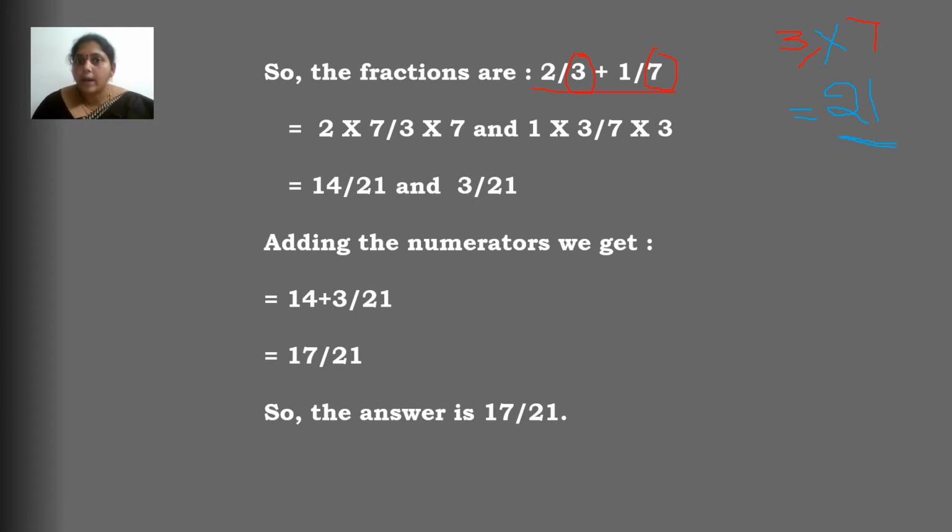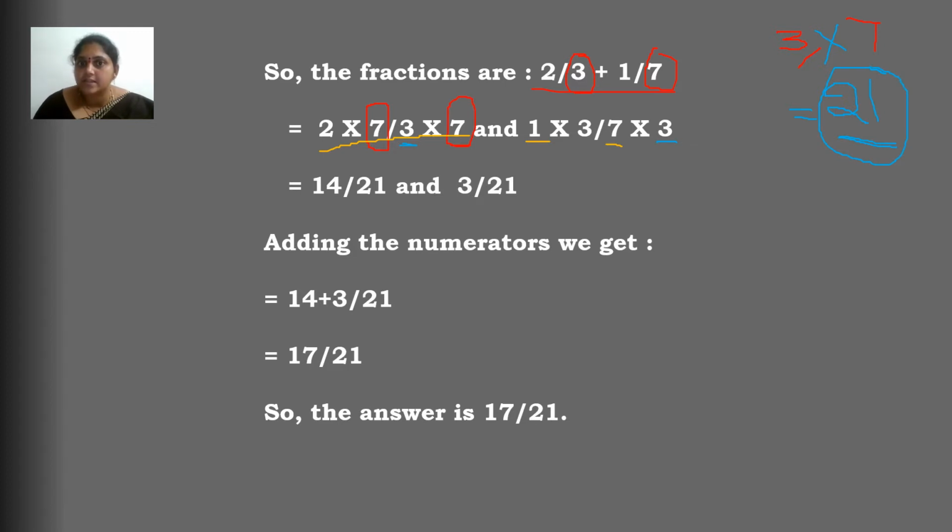So in 2 by 3, this 3 should be multiplied by 7 for getting your denominator 21. The same number you are multiplying in the denominator should be multiplied with the numerator. Our number will be now 2 into 7 divided by 3 into 7. In the same way, for 5 by 7, you have to multiply the number 3 for getting the denominator 21.